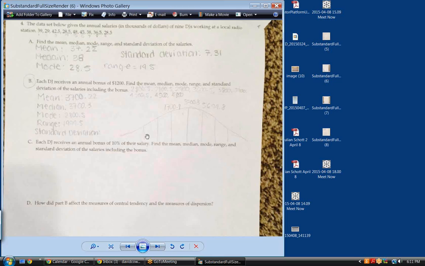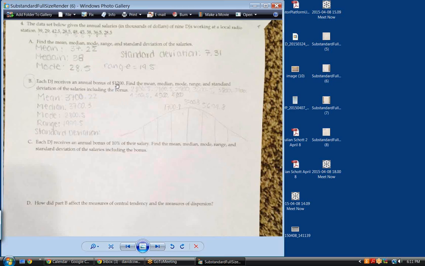Okay. So now, right off hand, something doesn't look right. First of all, the mean was 37.22? Yeah. Can't be the same. Right? The average salary has gone up by 1,200, everybody.